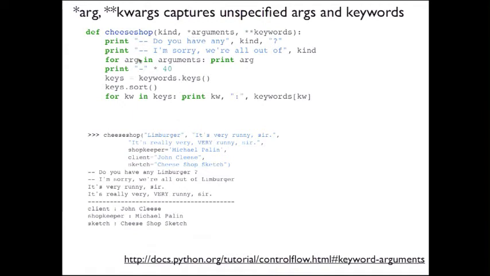And what you see that I've done here is I've iterated over each one of the elements in those arguments. And then keywords gets unpacked as a dictionary of keyword value, keyword value, keyword value. So when you call it this way, you would wind up unpacking this as a list, and this would get unpacked as a dictionary.